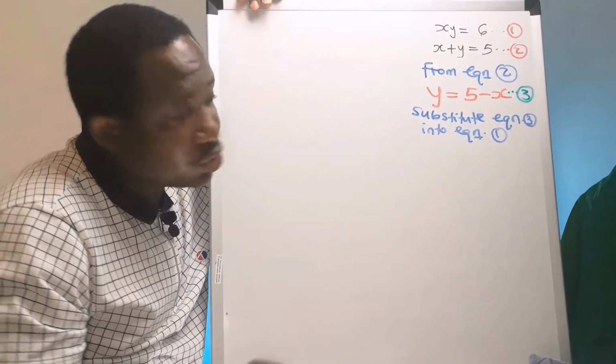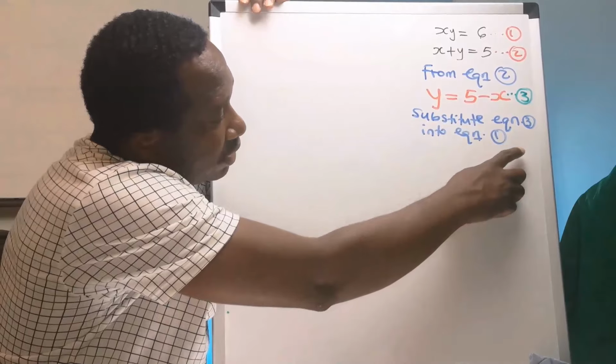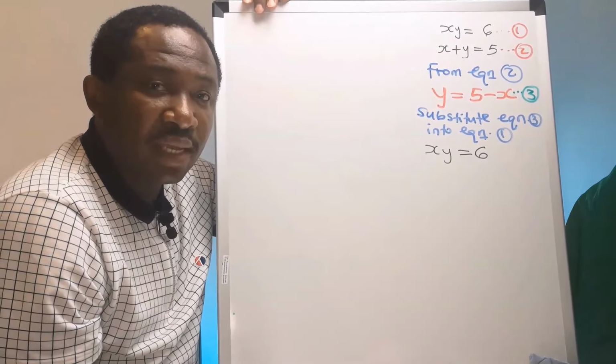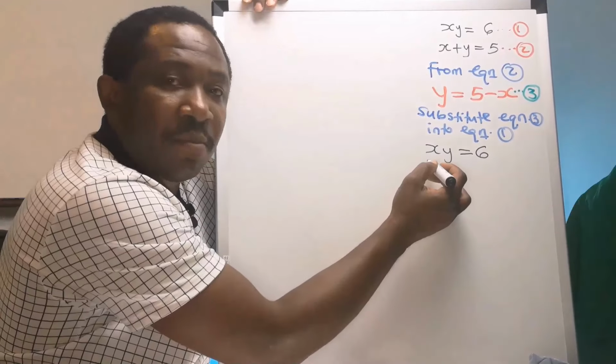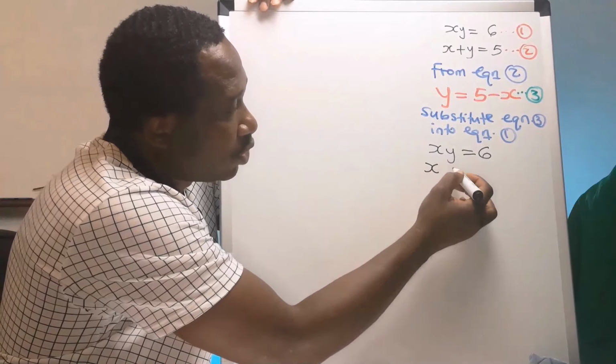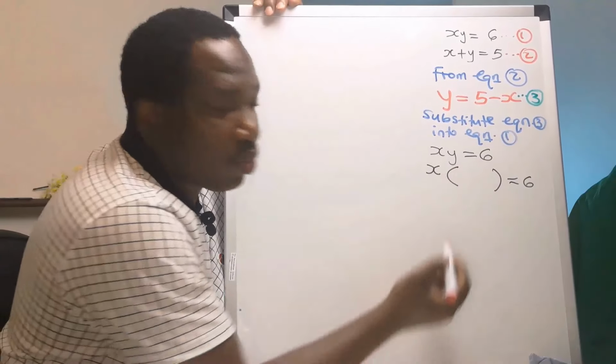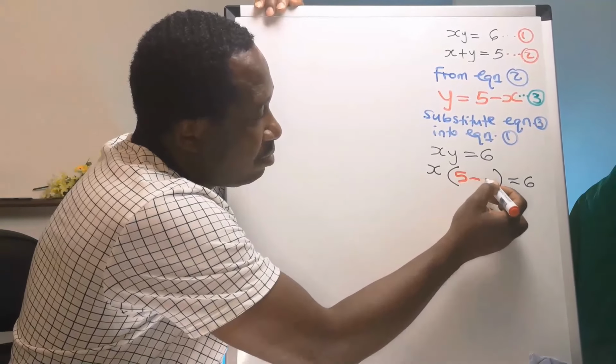Next, I will substitute equation 3 into equation 1, where xy is 6. But from equation 3, y has a value, which is 5 minus x.